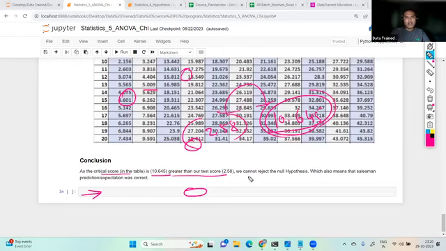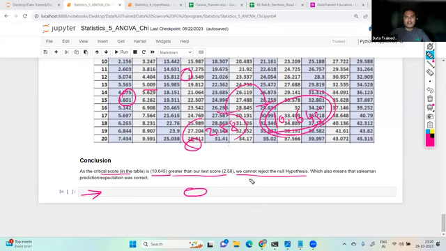2.58. It is greater. So if the critical score, that is the table score, is greater than our test score, we cannot reject the null hypothesis. If it is less, then we reject the null hypothesis.